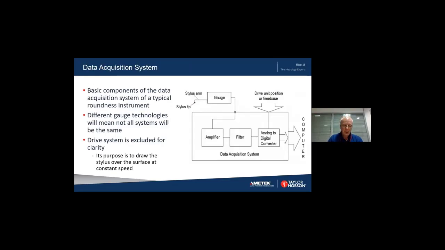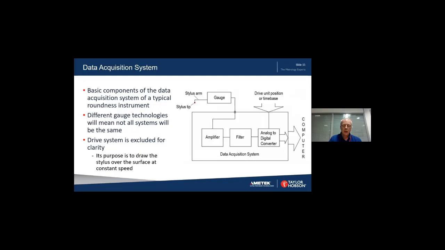An appreciation of some of the concepts of data acquisition is useful, as this might impact on the measurement settings. In a modern digital instrument, the data acquisition system is responsible for converting the analog signal into a digital signal. And this implies some form of sampling, which is usually triggered either by a timer or by some feedback of the spindle position.